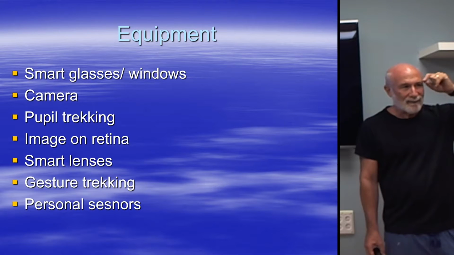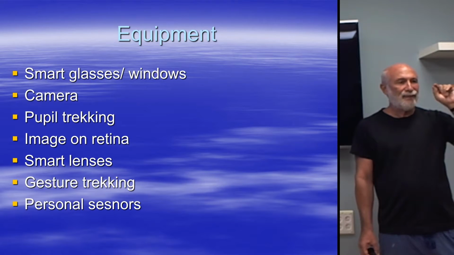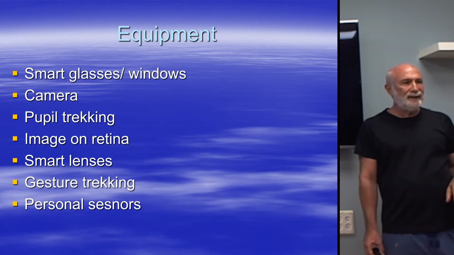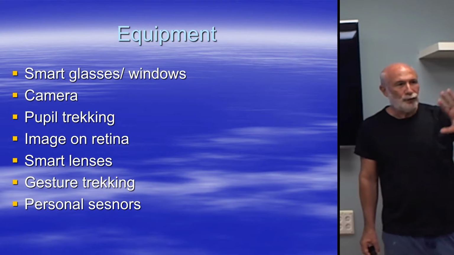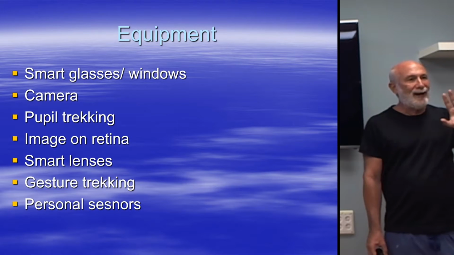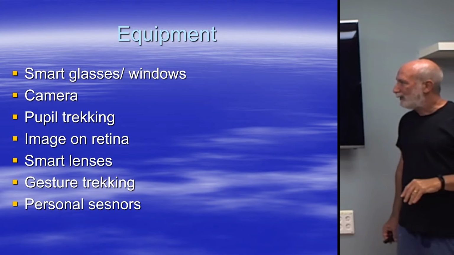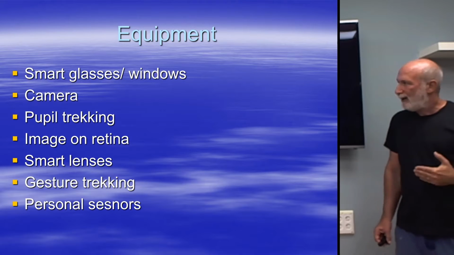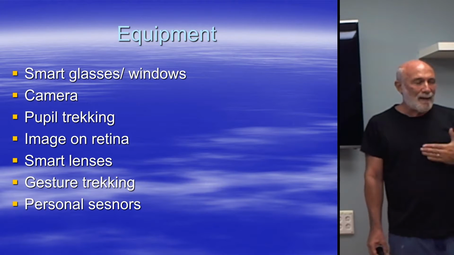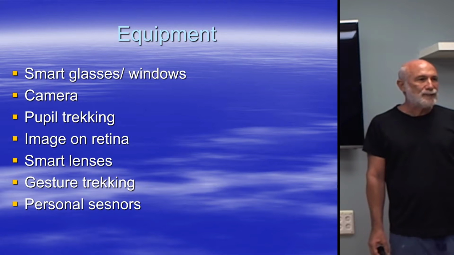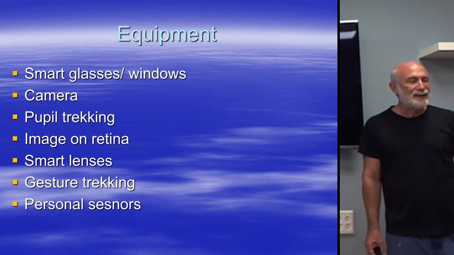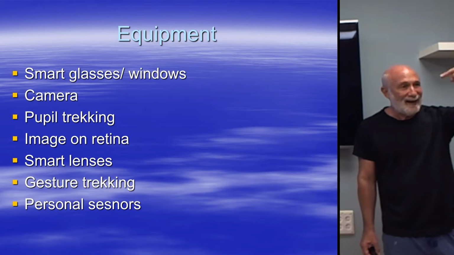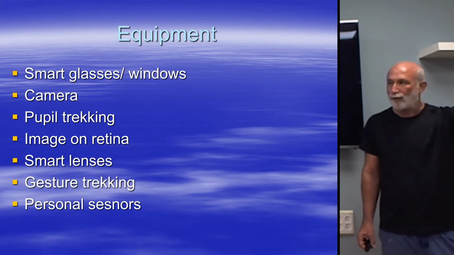All the smarts are in the frame, and in the frame there is a device which projects an image to your eye, which causes your eye to get the augmented reality. What seems to be the future is smart lenses. Apple just bought a company which is doing smart lenses, and with smart lenses the augmentation of reality will be done at the lens that you are looking through.